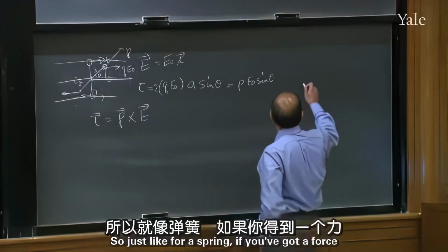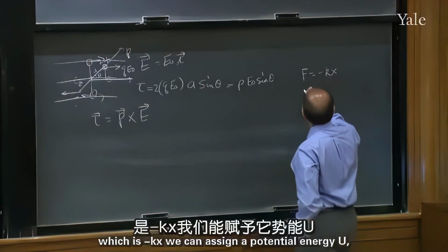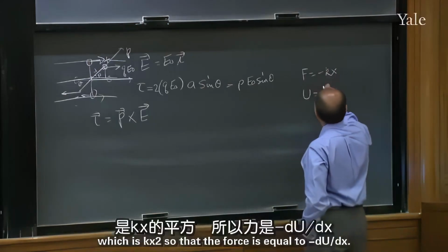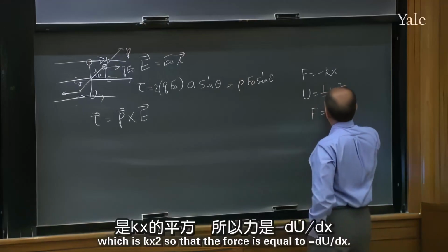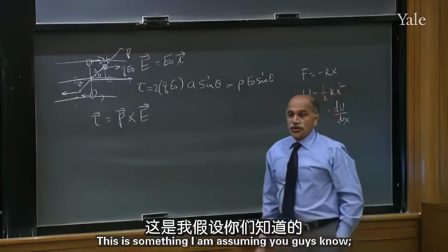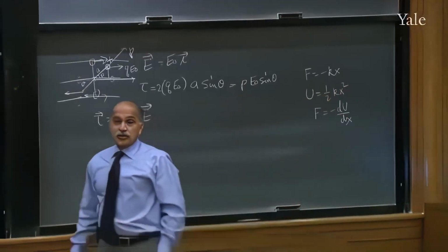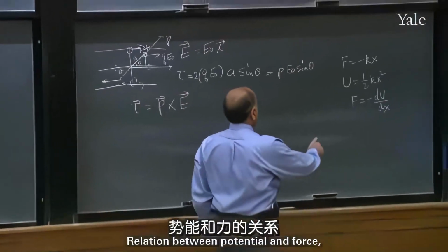So just like for a spring, if you've got a force which is minus kx, we can assign a potential energy U, which is 1/2 kx squared, so that the force is equal to minus dU/dx. This is something I'm assuming you guys know, the relation between potential and force.